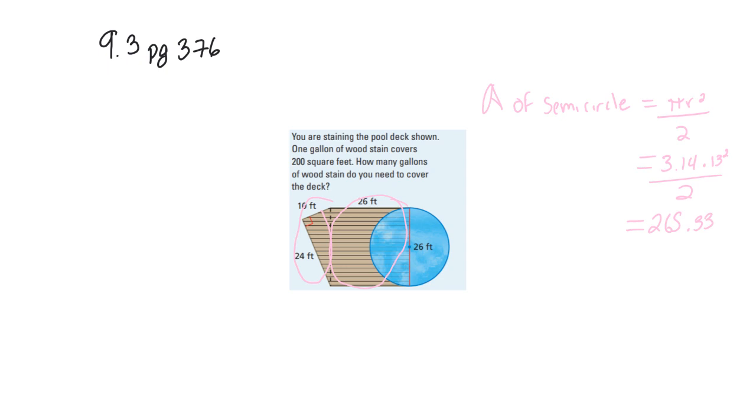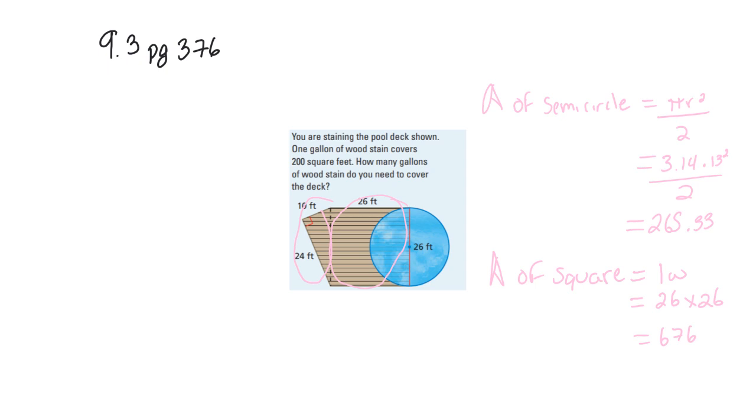Now let's figure out the area of our square. So area of square. So the area of our square is just length times width, which since this is a square, 26 times 26, right? Which is 676.